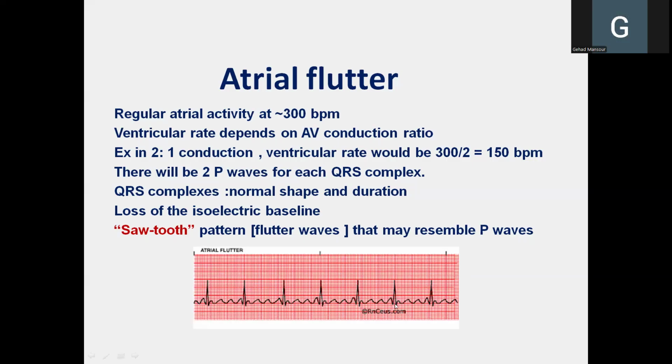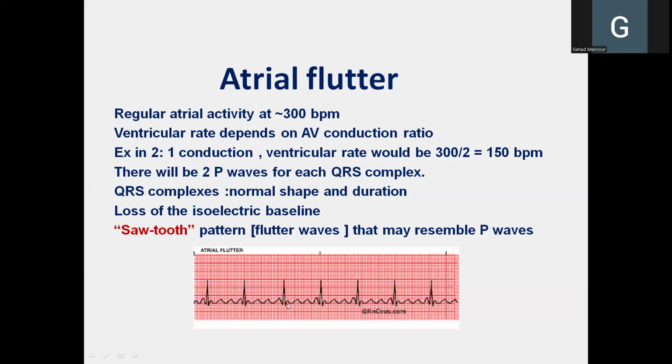And therefore, when you look at the QRS complex, supposedly in this example, you should have 2 P waves, 1, 2, followed by a QRS complex. But here the ECG tracing that you have on the diagram does not match with the text. It is, of course, atrial flutter because we have more P waves than QRS complexes.